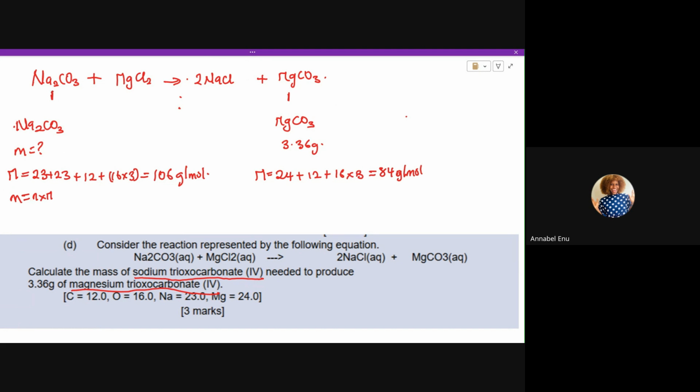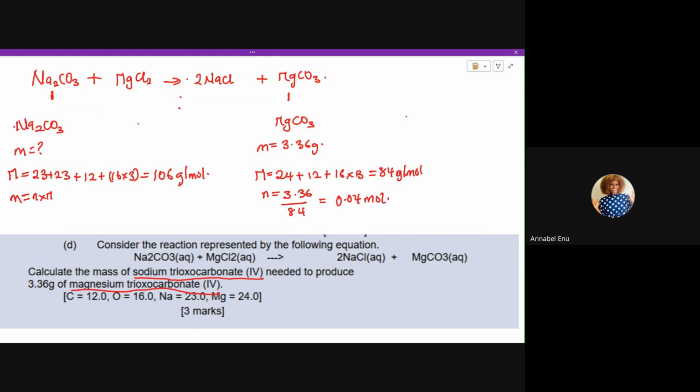For magnesium tricarbonate, we know our mass, so we can get our number of moles, which is 3.36 divided by 84. This gives us 0.04 mole.